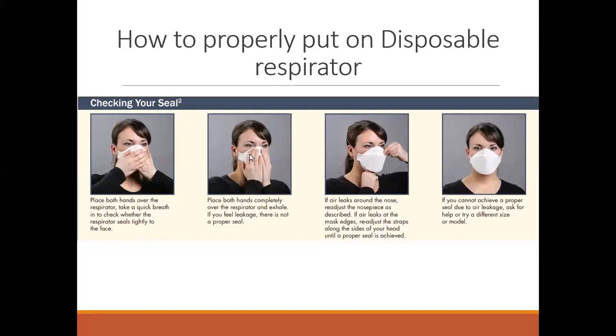You should breathe from the filter of the mask, not from the seal. If it is not fitting you, you have to change the size or adjust it properly. Okay, any question?